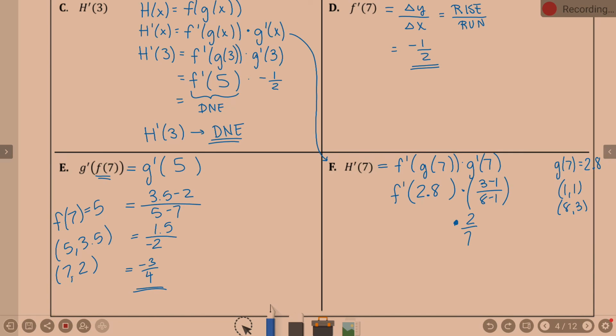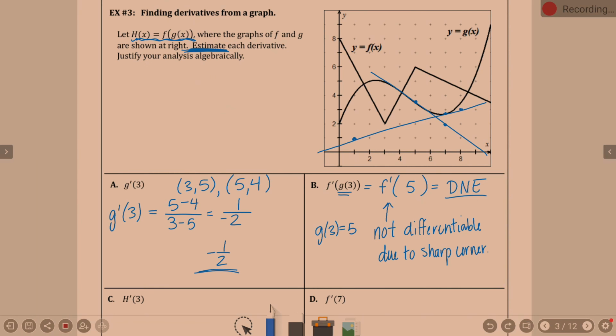Then we have to go back and do F prime of 2.8. F takes me to the sharp, pointy one. F prime of 2.8. Well, this makes it easier at least.